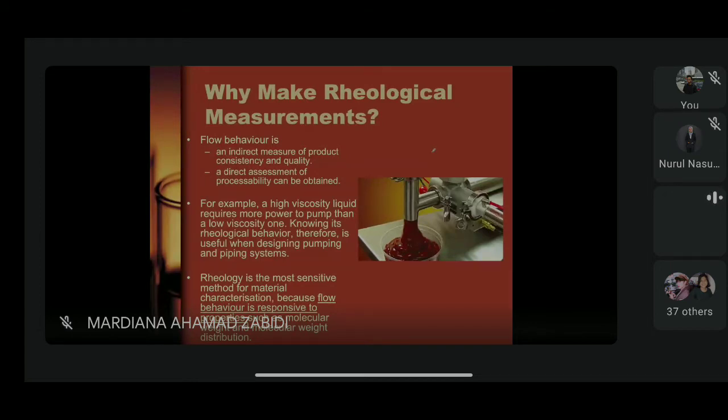For example, if you want to transfer tomato ketchup, which is quite thick and not a thin liquid, in order for that tomato ketchup to be pumped and filled into the bottle, you require pumps. The size of the pumps and the force required by the pump goes back to the rheological study of that food material.